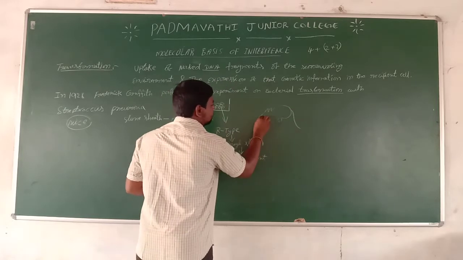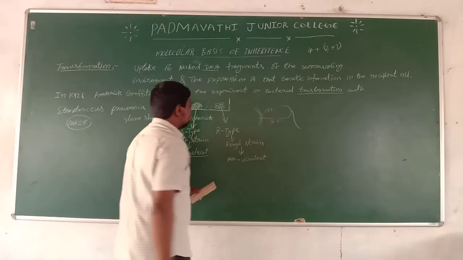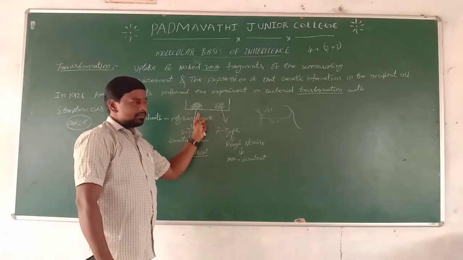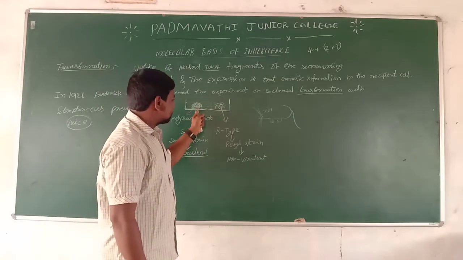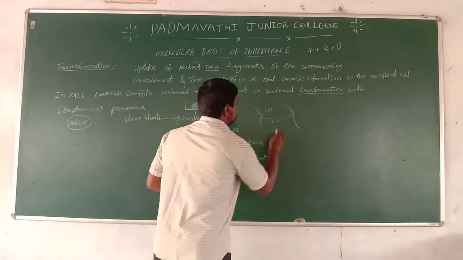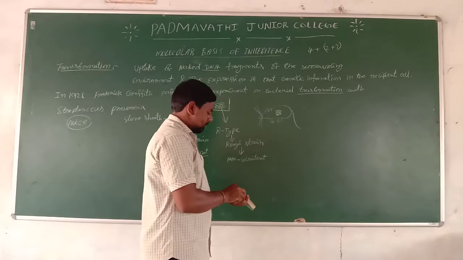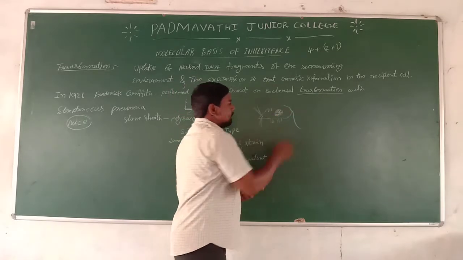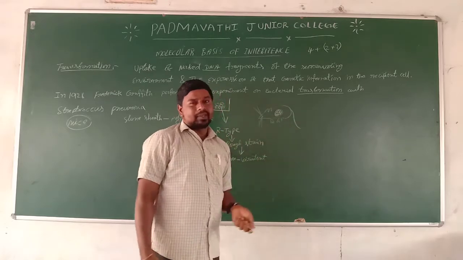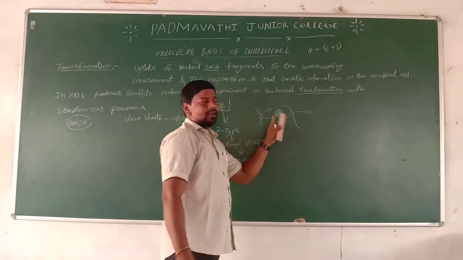When S strain bacterial cells are injected into the mice body, the mice died causing pneumonia.